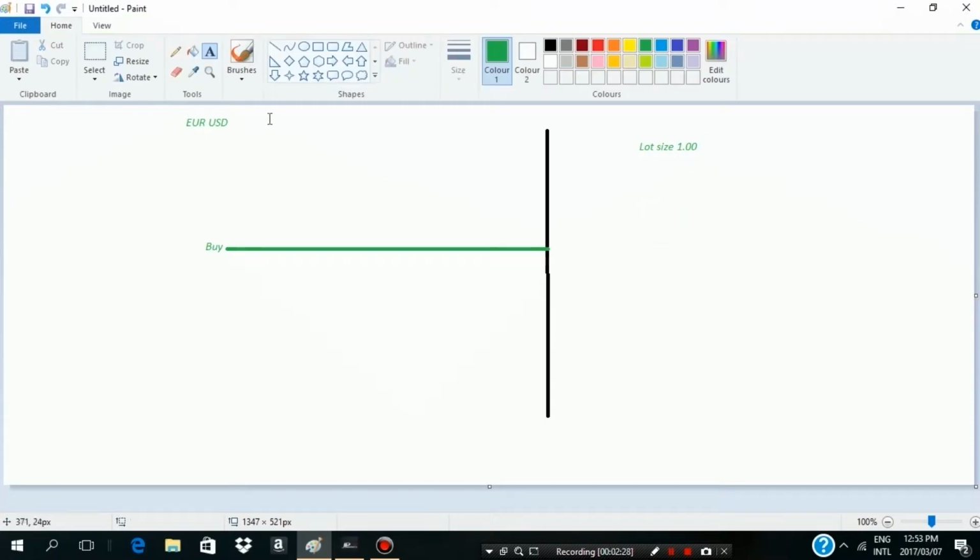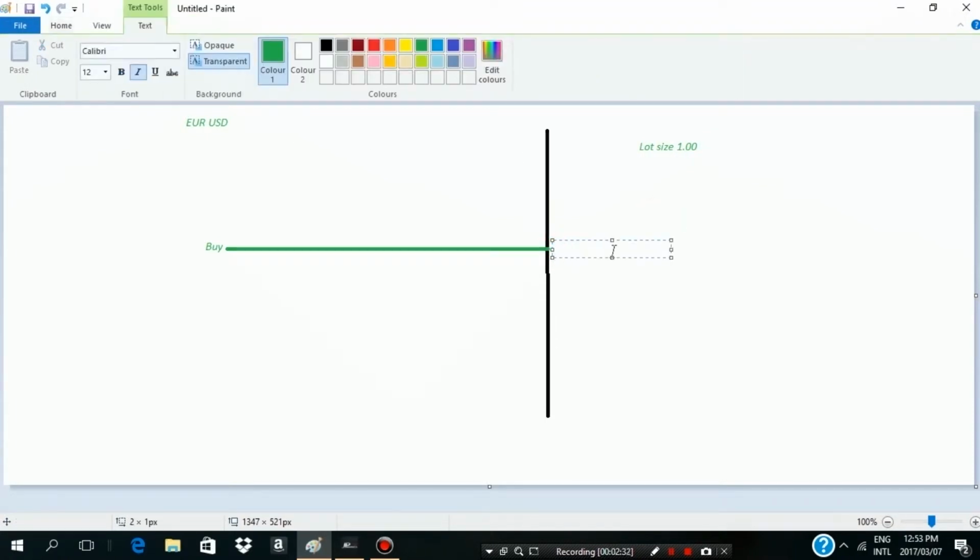So, let's say over here we have got 1, 2, 3, 4, 5, 6. Right? Now this is the price that we are currently at.